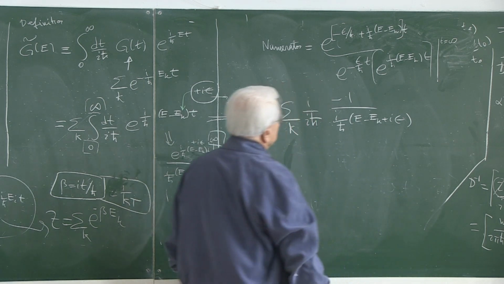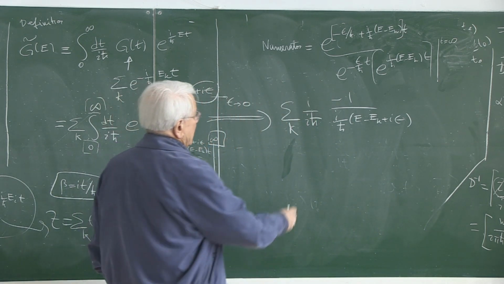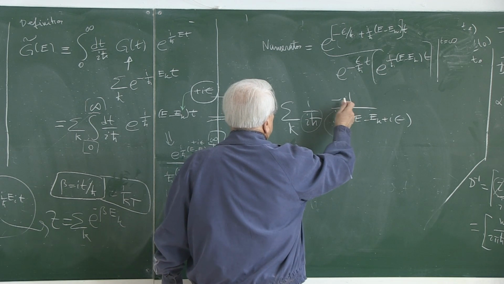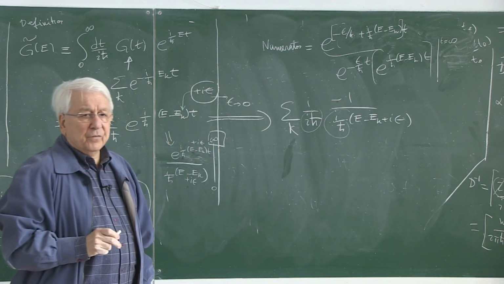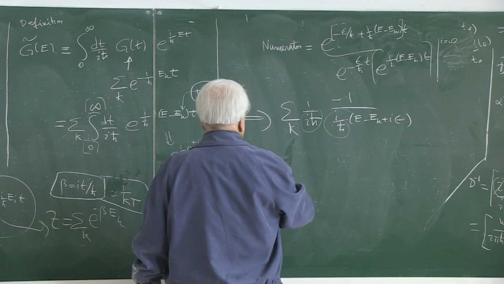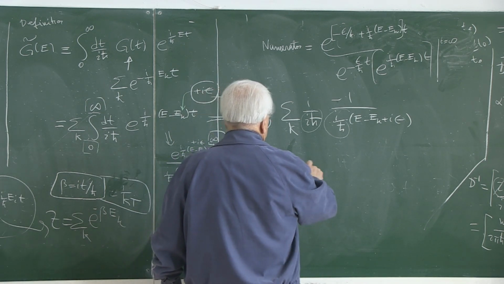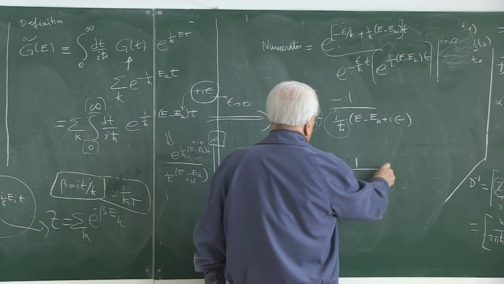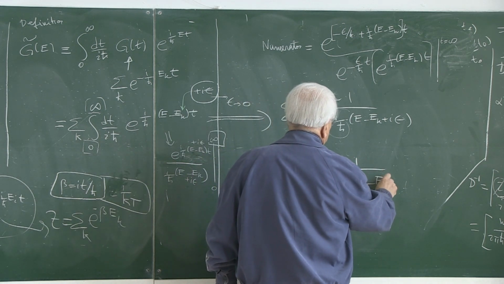I will let ε go to 0. Notice that the extra minus sign we have in there cancels, and the result becomes G(E) equals sum over k of 1 over E minus E_k.